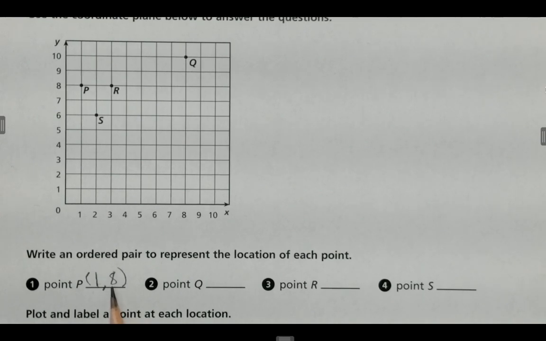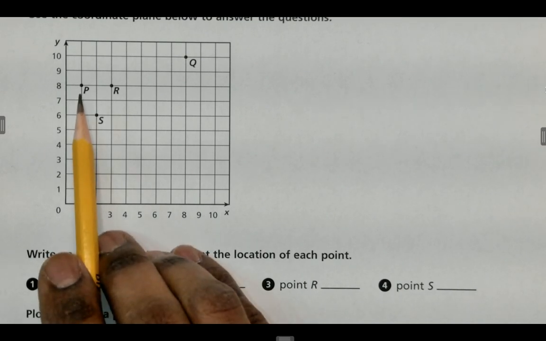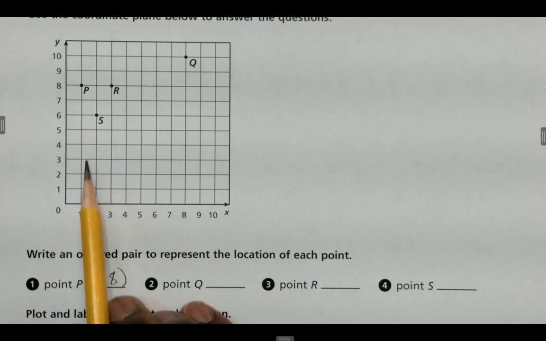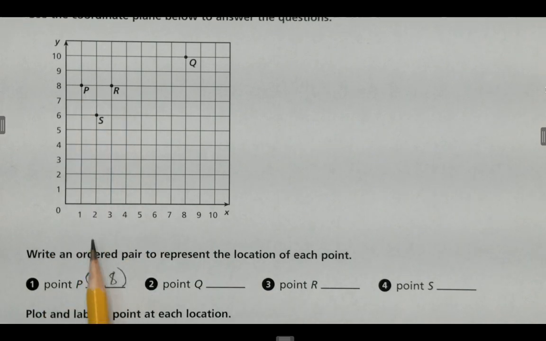So the way that I remind you to think about it is you've got to walk before you can jump. Walk before you jump. So you're always going to be telling where you are along the x-axis, meaning how far you're walking, before you're going to tell where you're at on the y-axis, how high you're jumping.